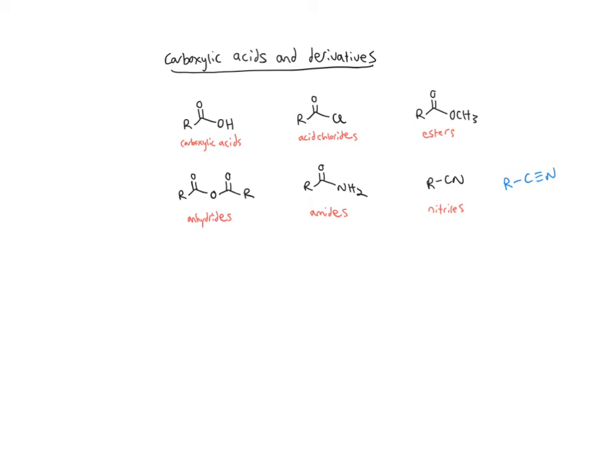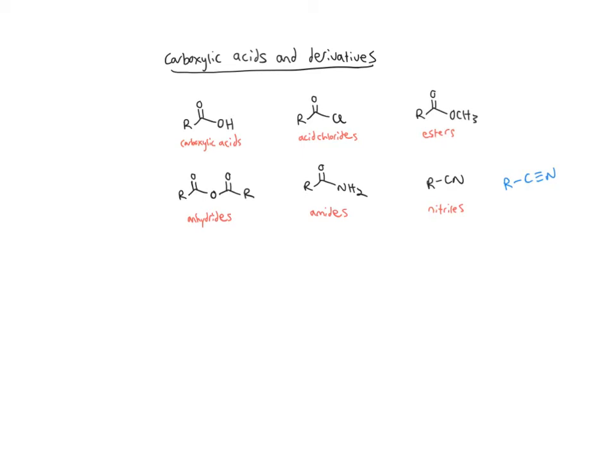And how we classify carboxylic acids and their derivatives is that the carbon of the carbonyl in all of these cases is going to have three bonds to heteroatoms. In these ones, they have two bonds to one heteroatom and then one bond to another one, so a total of three bonds to a heteroatom in all of these.